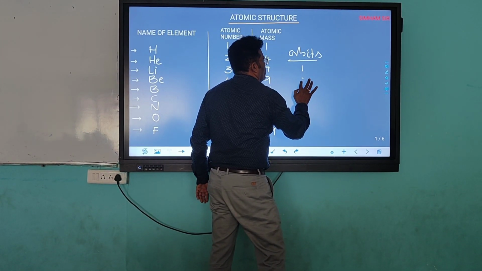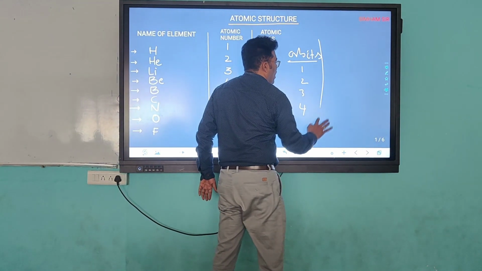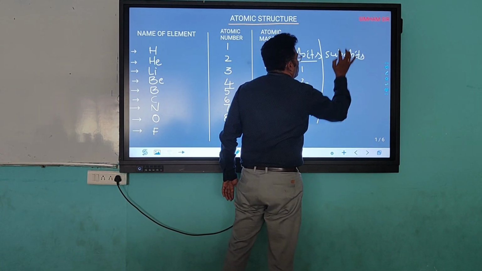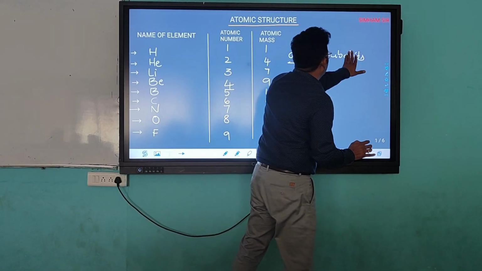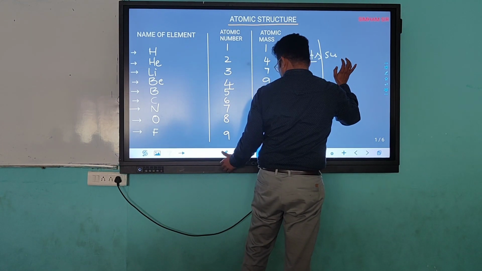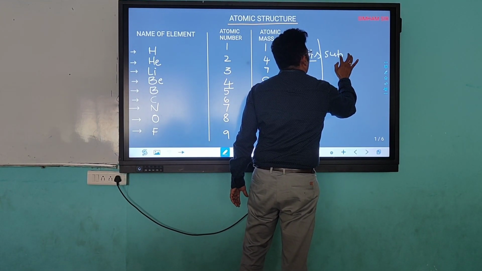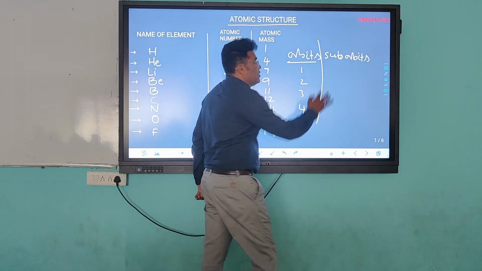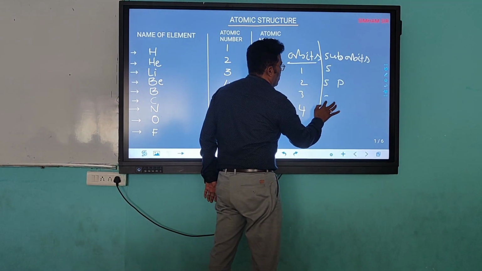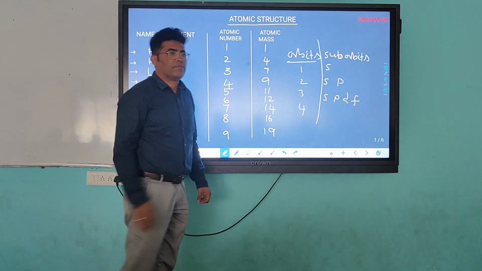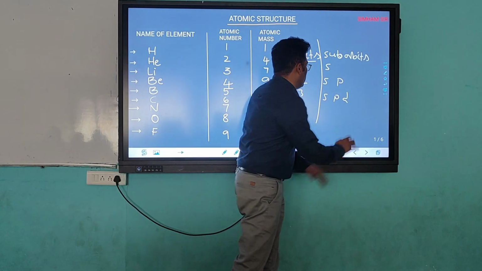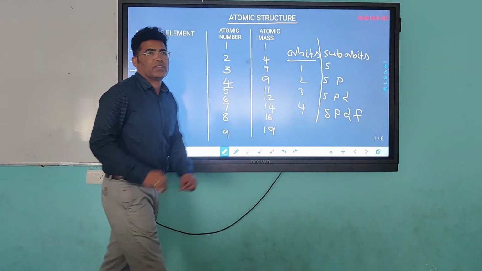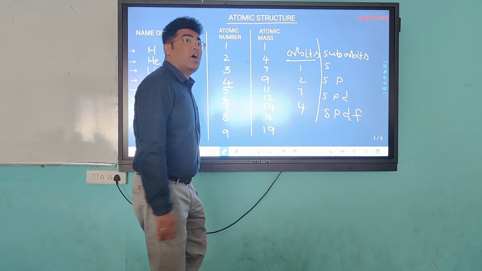Orbits means 1, 2, 3, 4. Orbits again contain suborbits. Here the suborbits are S, P, and here the suborbits are S, P, D, F. Suborbits again contain orbitals.